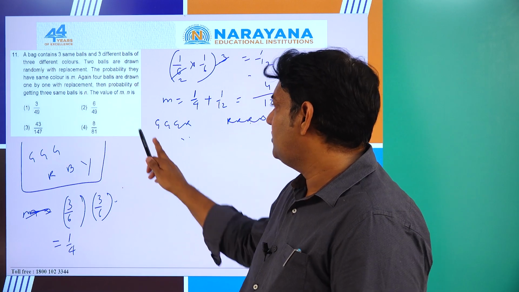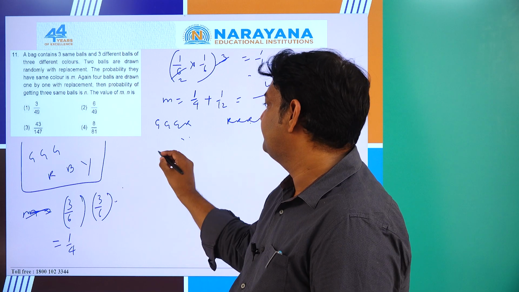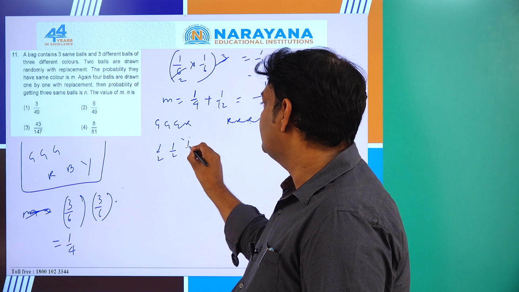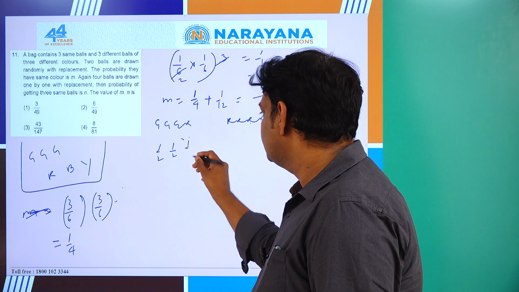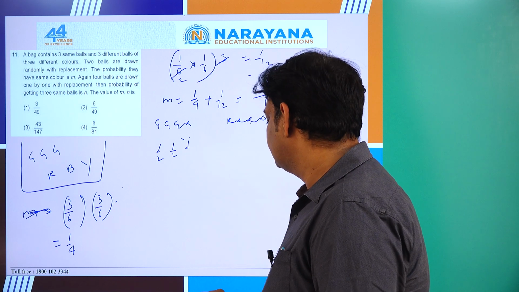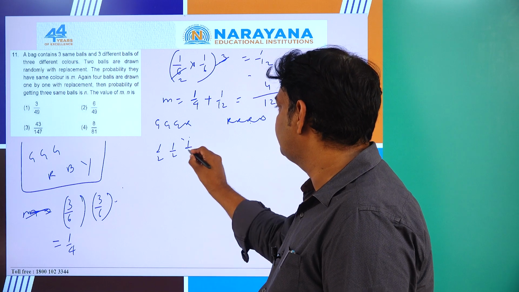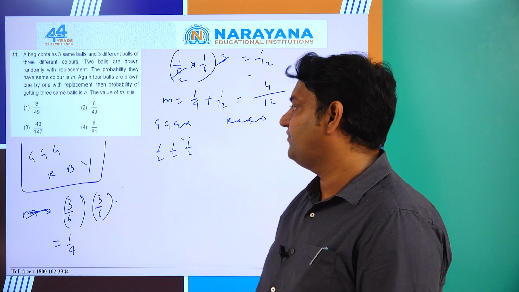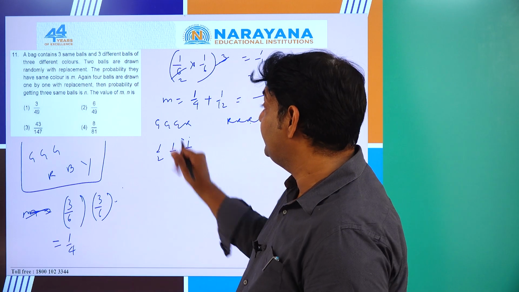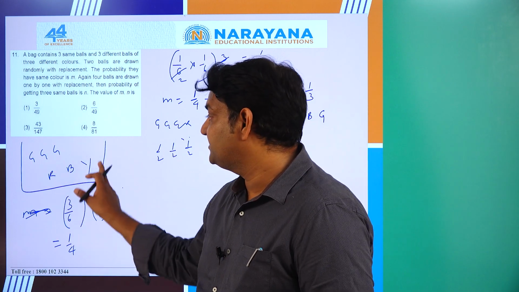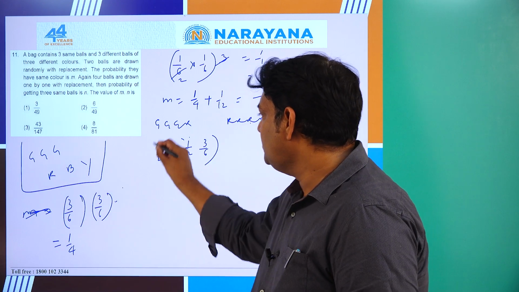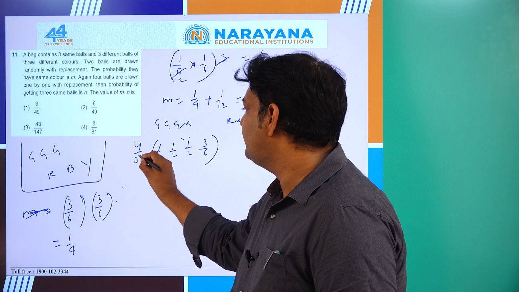Green is coming. What is the probability that green will come? 3 by 6, 1 by 2, 1 by 2, 1 by 2. With replacement, first green came 1 by 2, second green 1 by 2, third green 1 by 2. Now the fourth ball will not be green, so favorable cases 3, total cases 6, that is 3 by 6 into 4 factorial by 3 factorial.